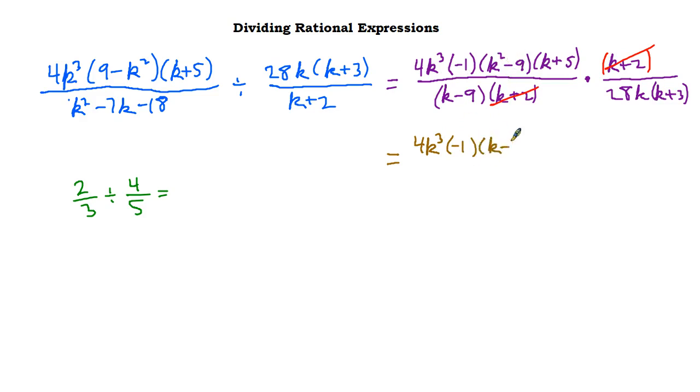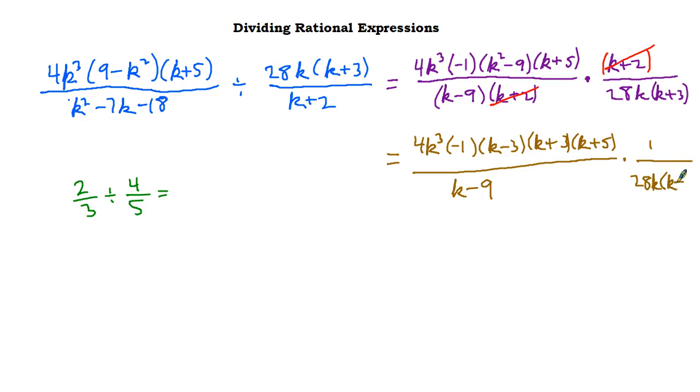This is k minus 3 times k plus 3, and it's still times k plus 5, and it's all over k minus 9, and then times 1 over 28k times k plus 3. And let's give myself a little bit of room here. We'll spread out.